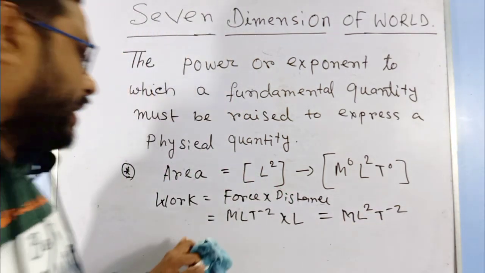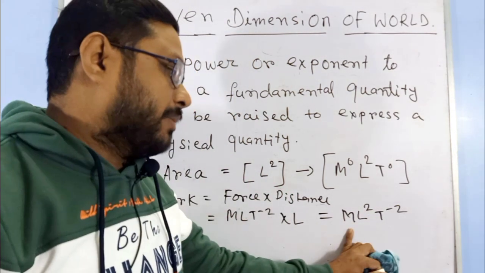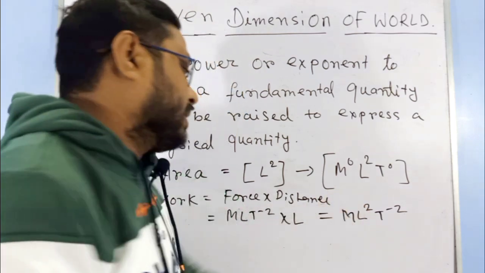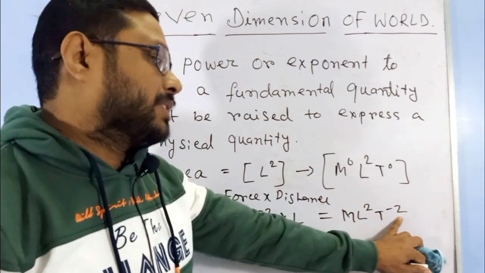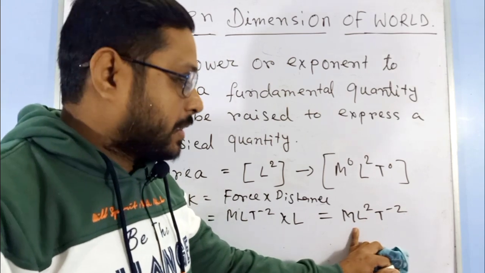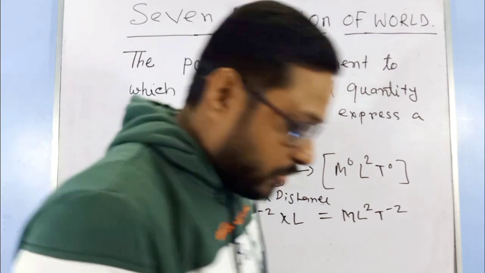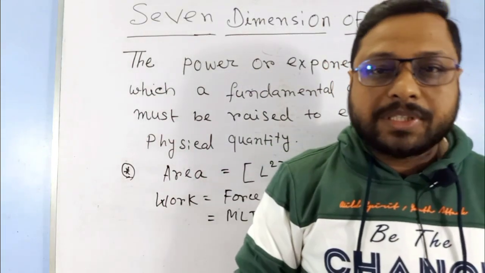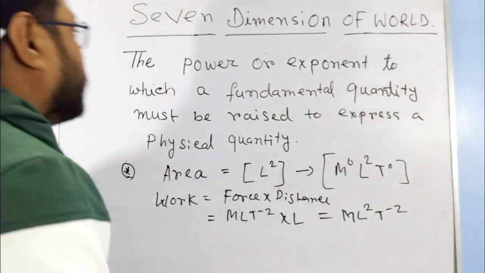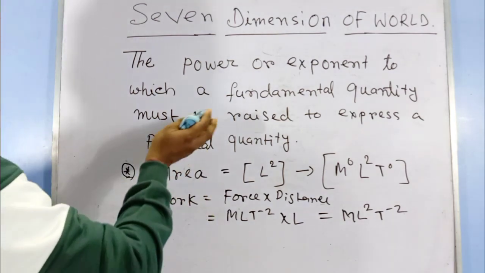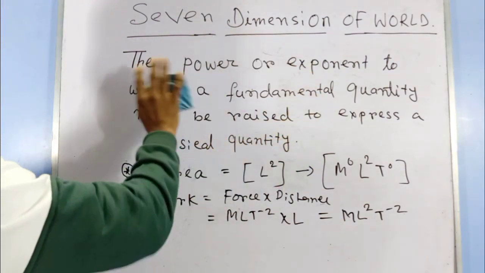So, we can say the dimension of work is 1 in mass, 2 in length and minus 2 in time. In this way, we can express the dimension of any physical quantity. This is the definition of dimension.